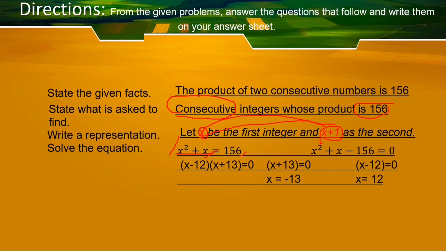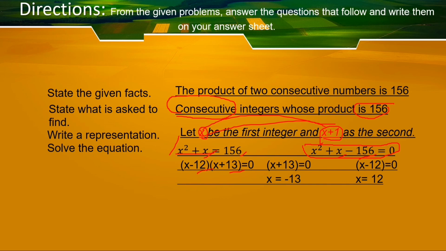then equate it to 156. Then writing it into its standard form and equating it to 0 so that you can factor the polynomial, you have what factors of 156 will result to the sum of positive 1. Very good. So you have positive 13 and negative 12.